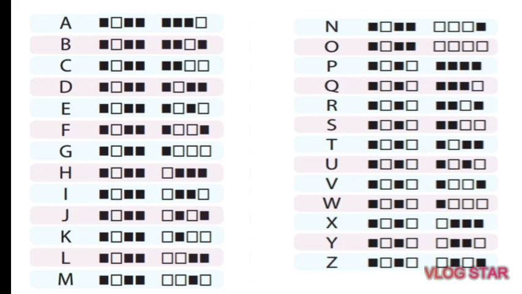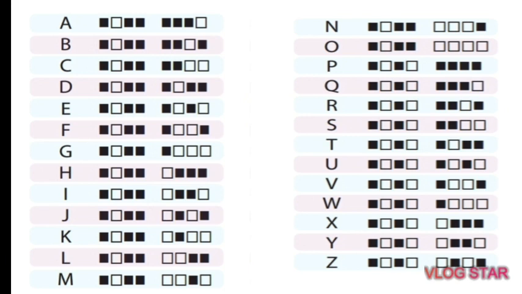So if I type letter Q, for example, I can see a dark box, a light box, a dark box, a light box, a dark box, a dark box, a dark box, and a light box. So take note, this is how capital letters are represented in binary form inside of a computer.